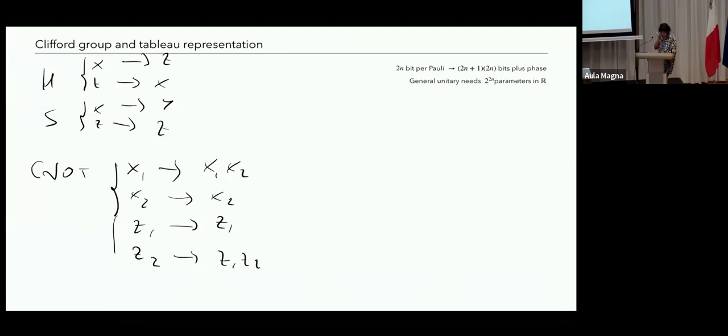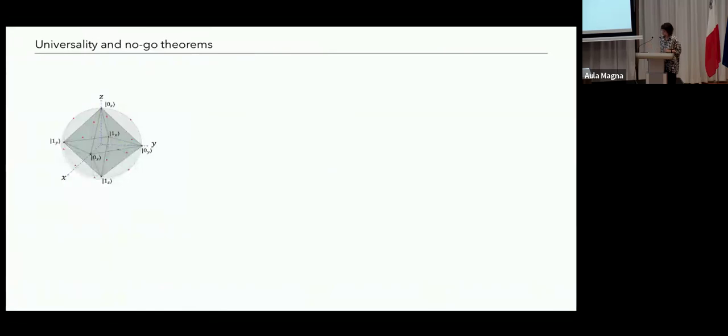These are operations that maybe we like, because a qubit is given by some Pauli, and when we apply this kind of operation, we only have to keep tracking the image of those Paulis. So that's the first step if we want to build a quantum computer.